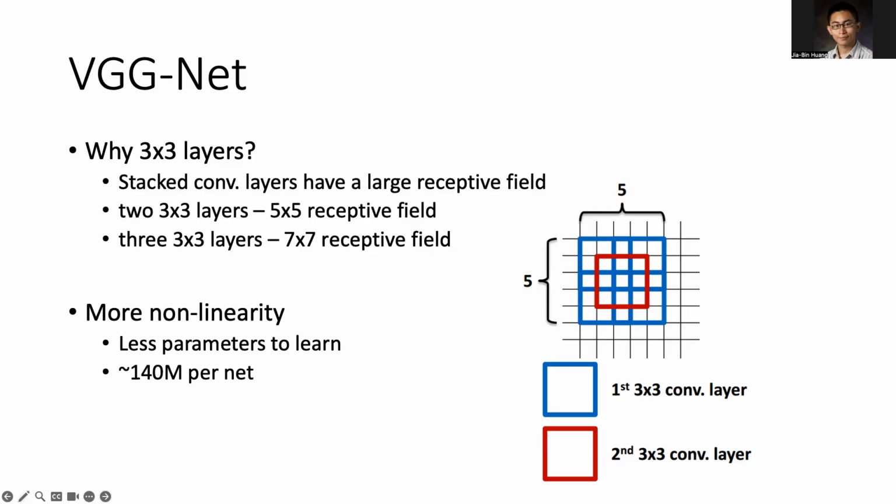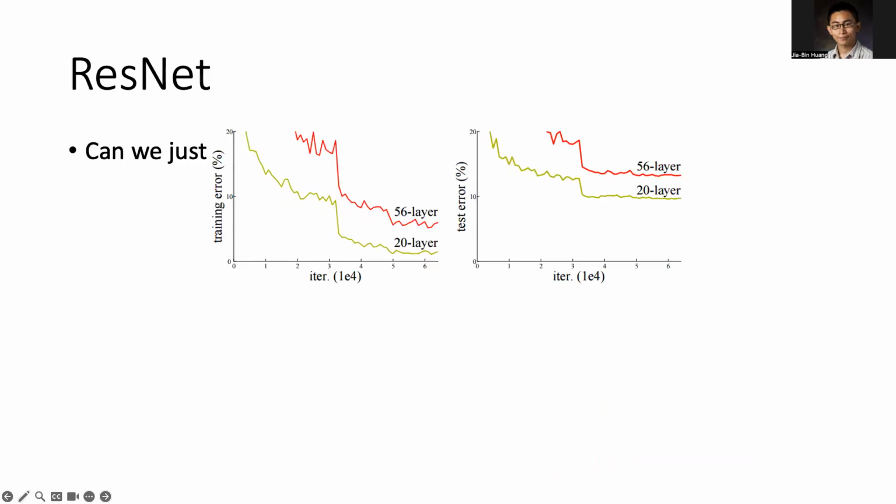But the problem is that later on people asked, can we just increase the number of layers naively? But what they found is the following. If you take the 20-layer model, this is training loss and validation loss. What they found is that naively stacking more layers doesn't really help. In this case, it doesn't really help to improve the training error and the validation error.